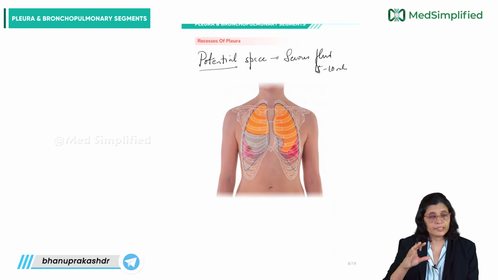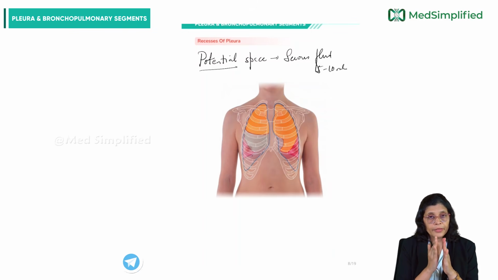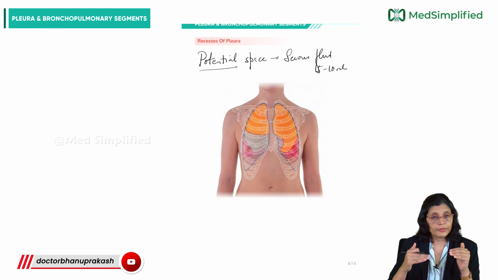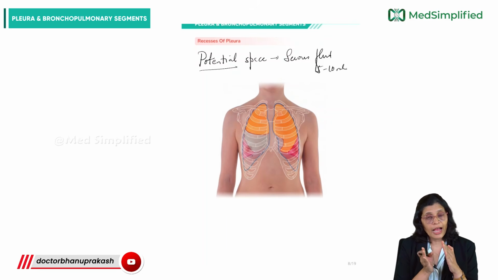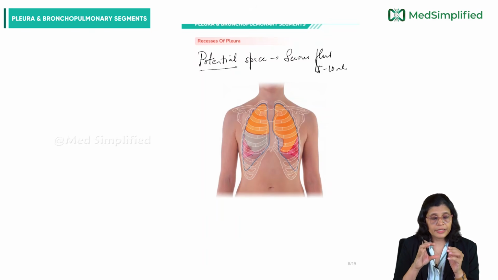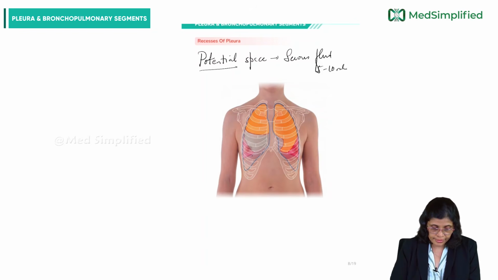Generally all around the thoracic cavity and the lungs, between the parietal and the visceral pleura there is a very small potential space filled with serous fluid. But where the parietal pleura reflects onto the diaphragm as well as the mediastinum, the distance between the visceral and the parietal pleura is increased, and those spaces we call the recesses.